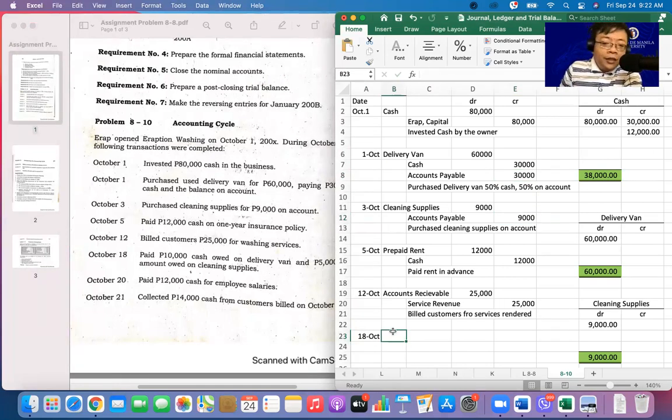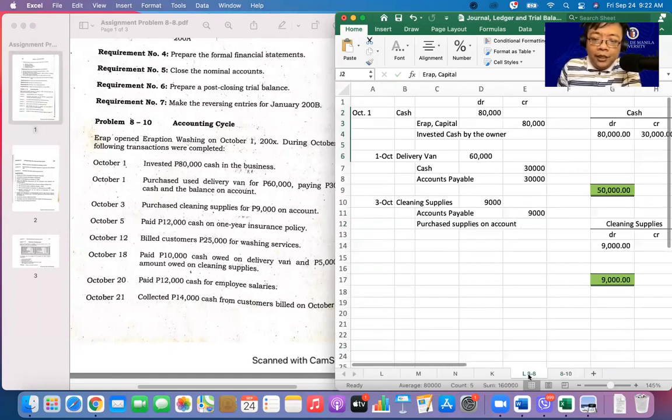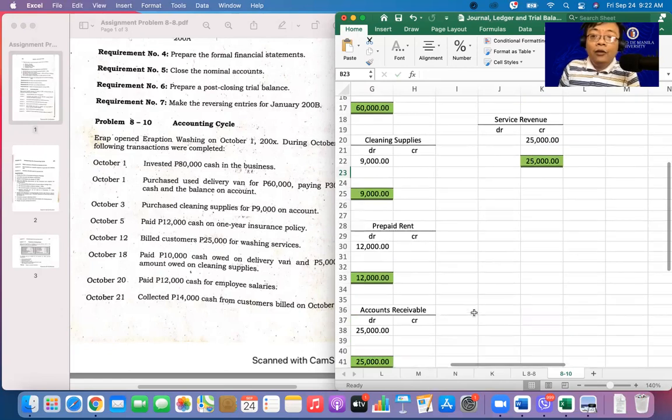By the way, class, I forgot pala to mention. In terms of the accounts payable here, in reality, we should separate our payable to, let's say, Toyota for the delivery van, and payable to, let's say, Nicole laundry shop because we bought cleaning supplies. So you should have a separate subsidiary ledger for each accounts payable, and also for your accounts receivable.